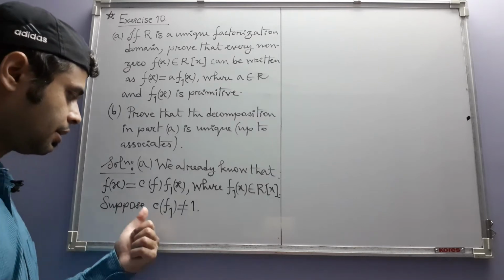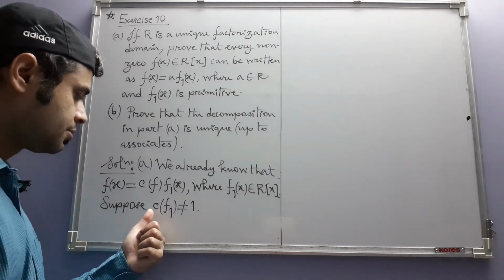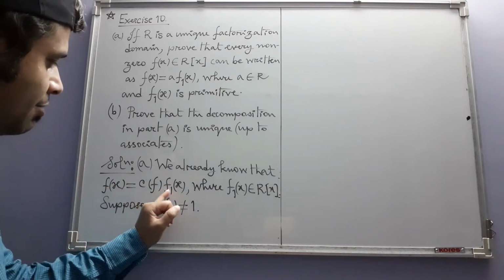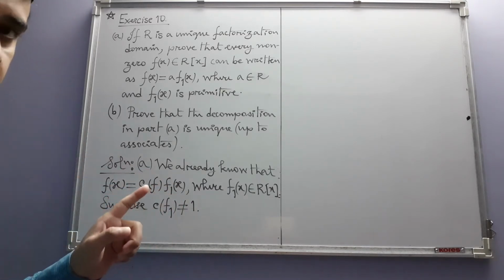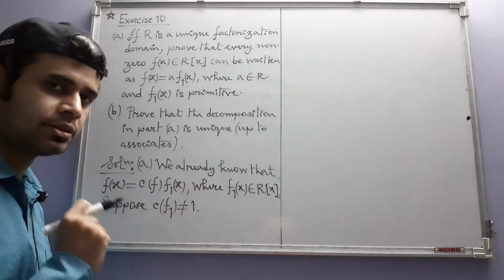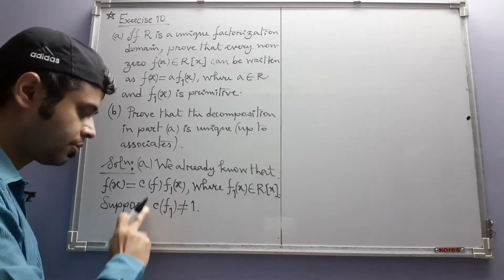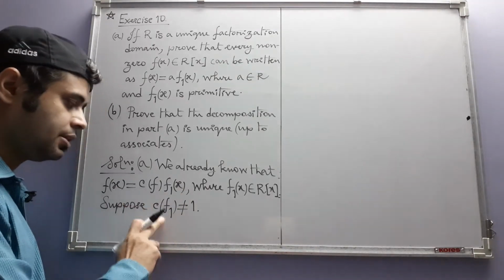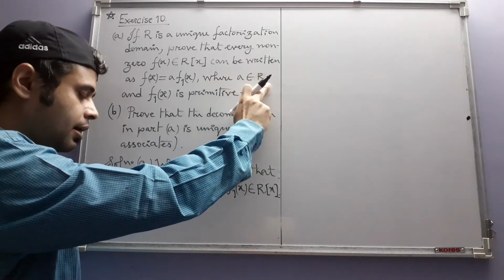Now, since f(x) is non-zero, f1(x) is also non-zero. That means not all of its coefficients are 0, and that is why in fact the content of f1 exists, which itself is a non-zero element of R.